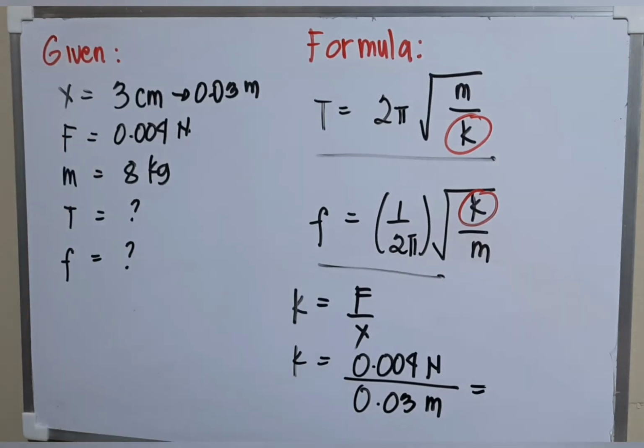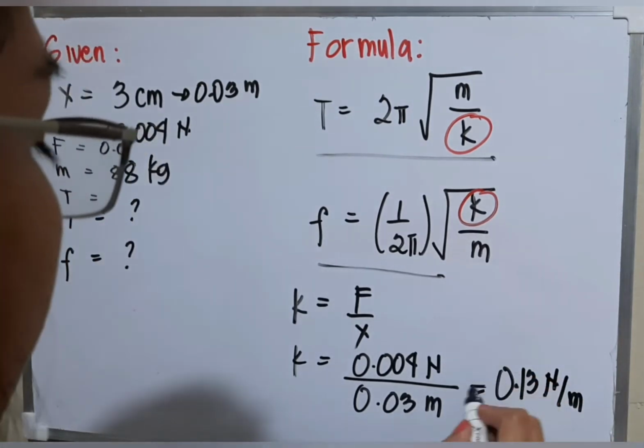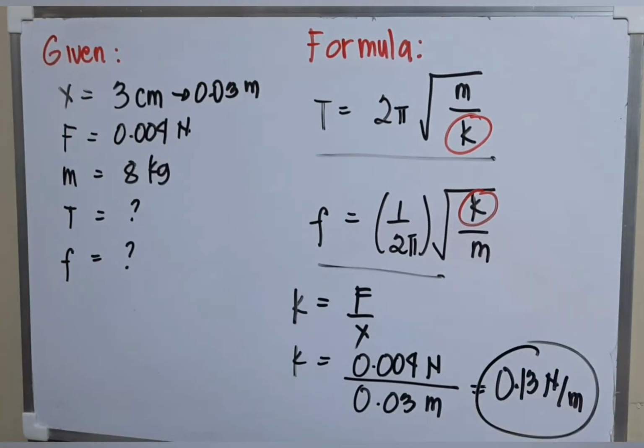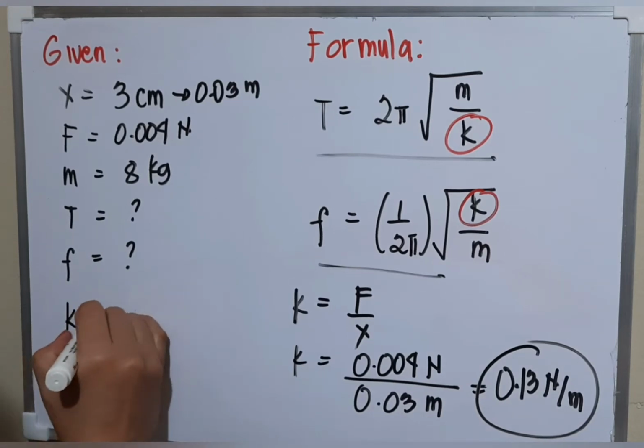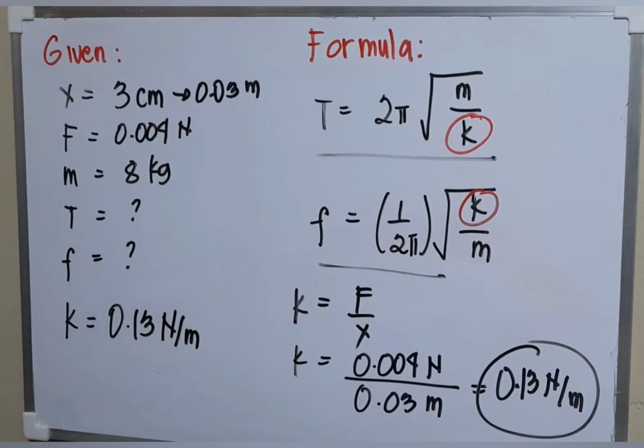When we do the math, we arrive at an answer of 0.13 Newton per meter. Therefore, the value of K now is 0.13 Newton per meter.